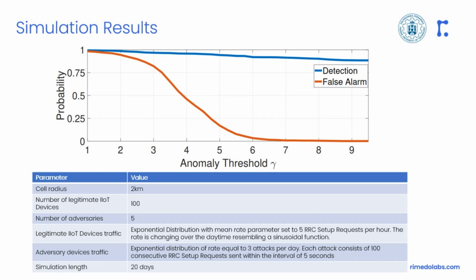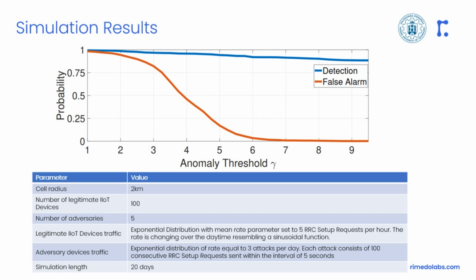The rate parameter changes over the daytime, resembling a sinusoidal function. The adversary performs signaling storm attacks within intervals following the exponential distribution with a rate equal to 3 attacks per day. Each attack consists of 100 consecutive RRC setup requests sent within an interval of 5 seconds.